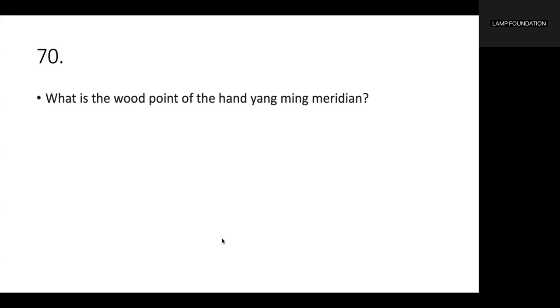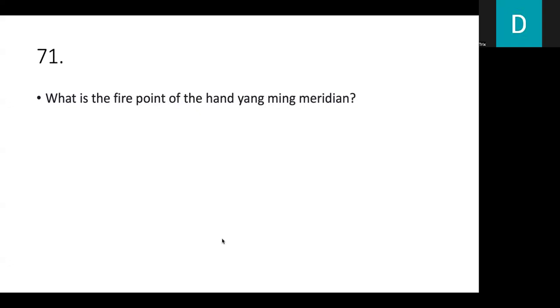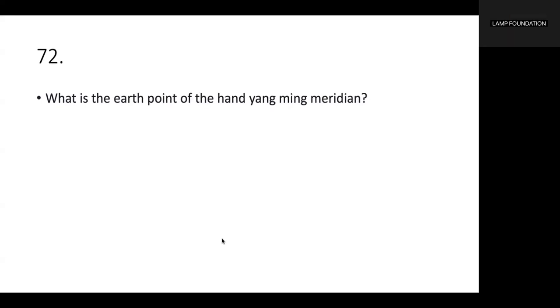What is the wood point? Li3. What is the fire point? Li5. And what is the earth point? Li11. Great. So 1, 2, 3, 5, 11.